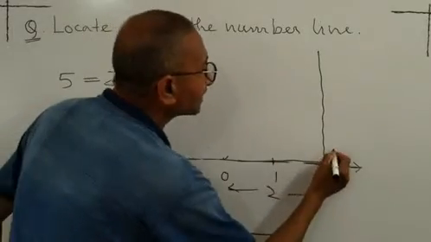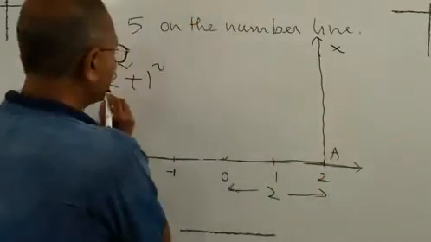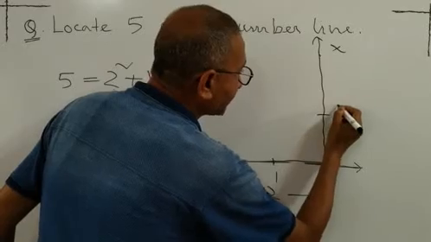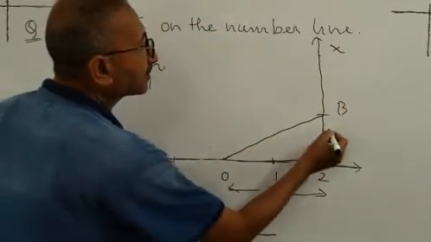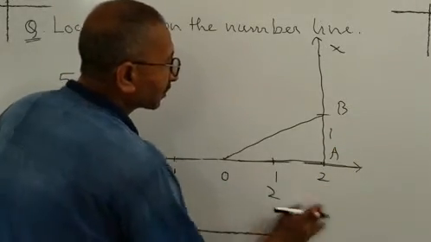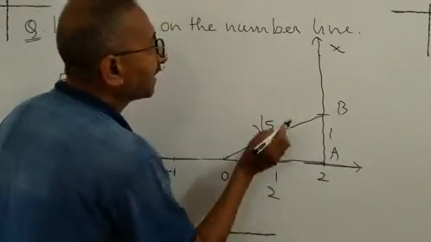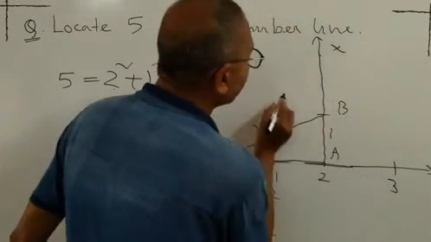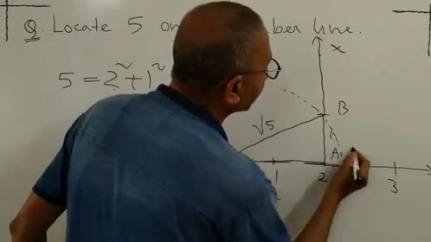This is your O, this is A this time, and this is X. I have taken 2, then I need 1 in this way. So take 1 unit, this is your B. Draw this one. Now 2 square plus 1 square is 5. That means this is root over 5. Now draw one arc in that way. This point P will represent root over 5.